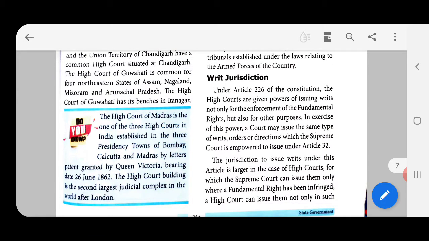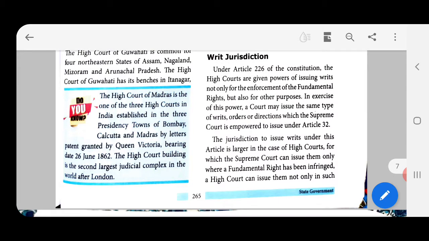Writ. Writ means written. Under Article 226 of the Constitution, the High Courts are given powers of issuing writs not only for the enforcement of the fundamental rights but also for other purposes. So now you can see this is very important, Article 226, wherein the High Court has been given powers for issuing writs, that is written orders.